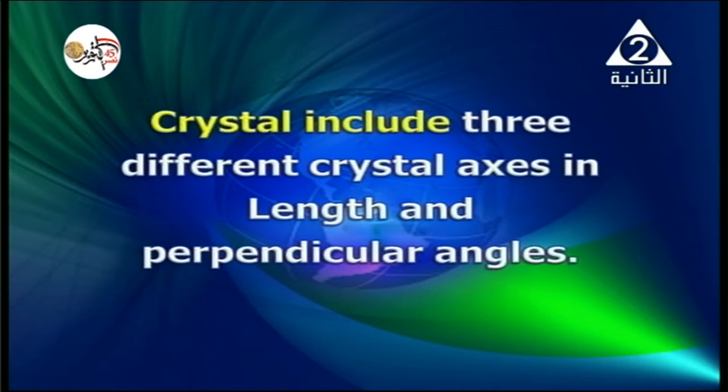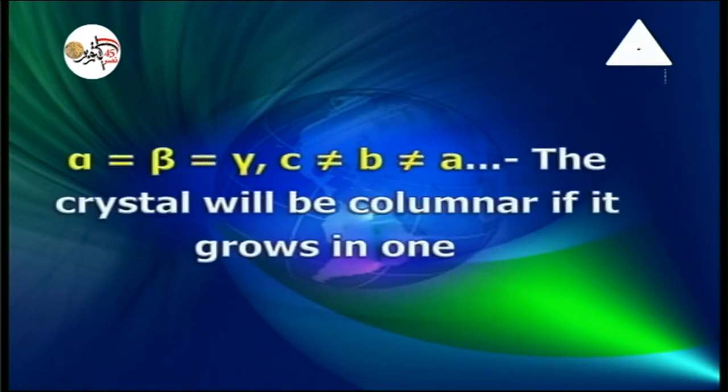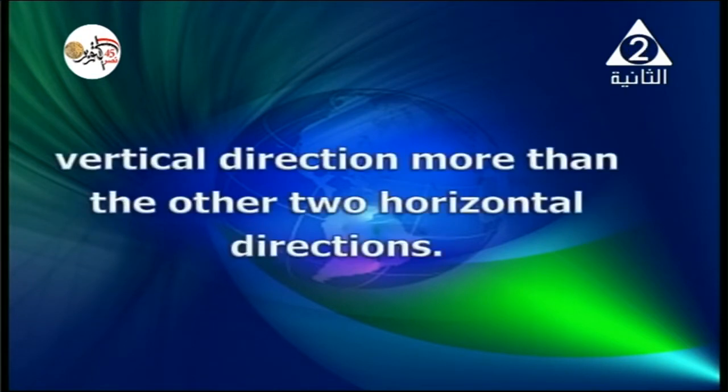The crystal includes three different crystal axes in length, and they are perpendicular to each other. Alpha equals beta equals gamma, C not equal to B not equal to A, and the crystal will be columnar in shape. The vertical direction is longer than the other two horizontal directions.